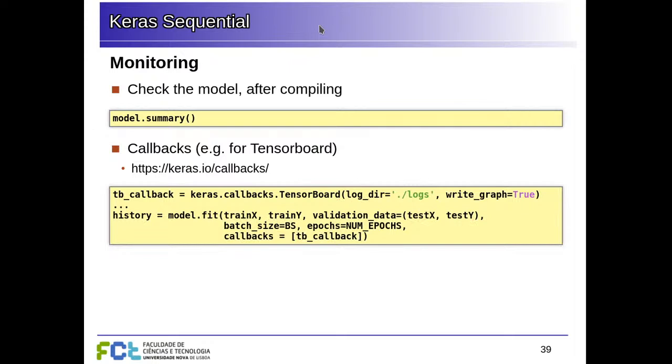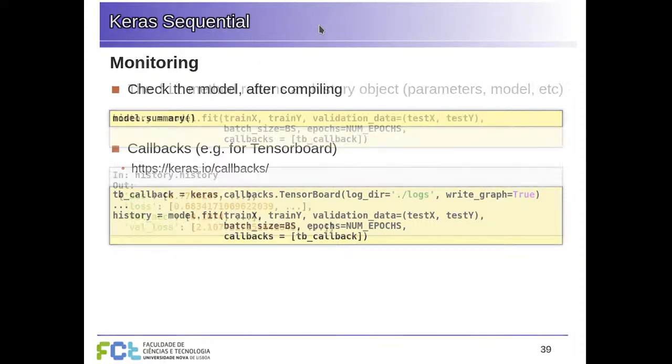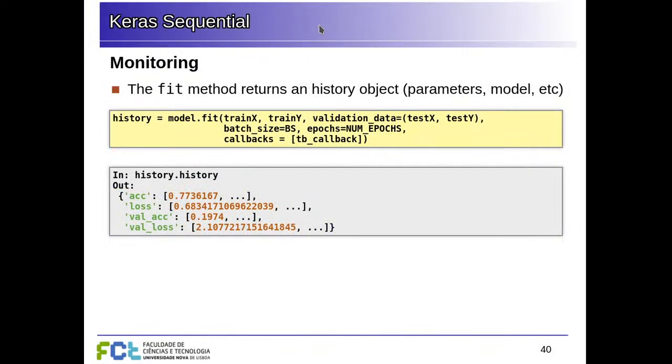So basically, Keras simplifies a lot of those things that we've been doing and allows you to create more complex networks without worrying too much about the details of the implementation. The fit method also returns a history object that has the values of the metrics that you selected.